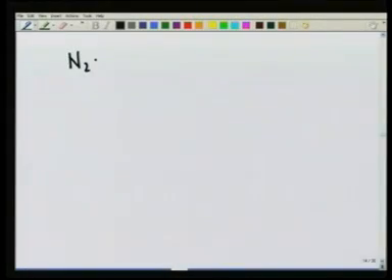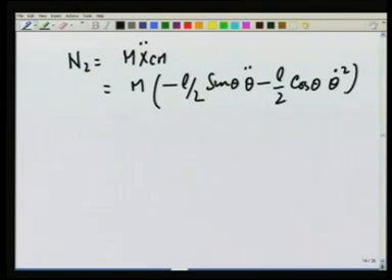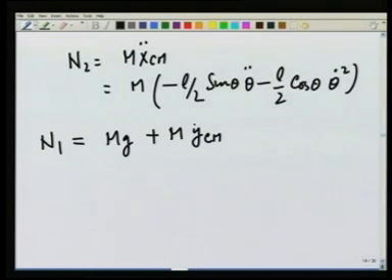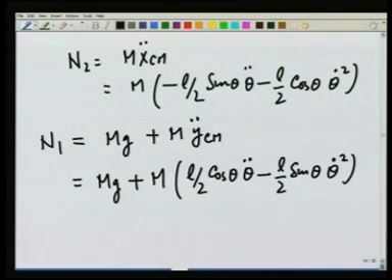And therefore, we can write expressions for n1 and n2. n2 would be equal to m times x cm double dot, which is m times minus L over 2 sine theta theta double dot minus L over 2 cosine theta theta dot square, and n1 would be equal to mg plus m y cm double dot, which gives me mg plus m times L over 2 cosine theta theta double dot minus L over 2 sin theta theta dot square.